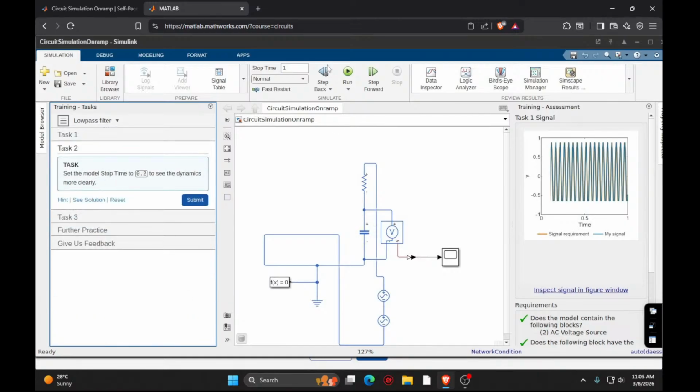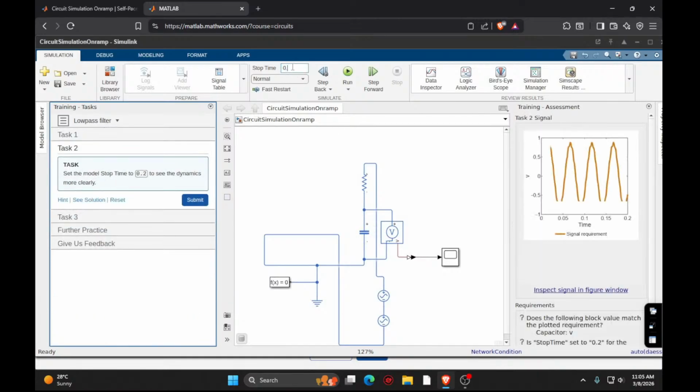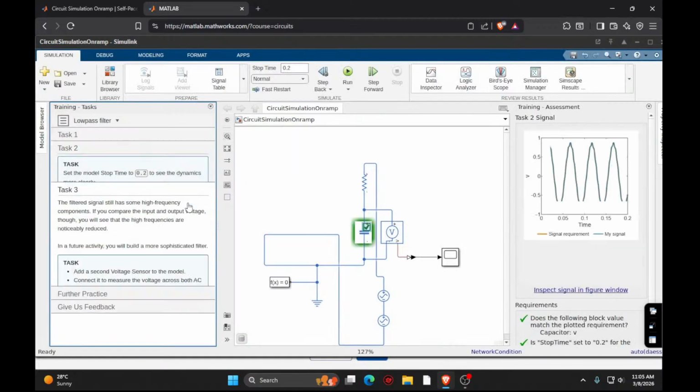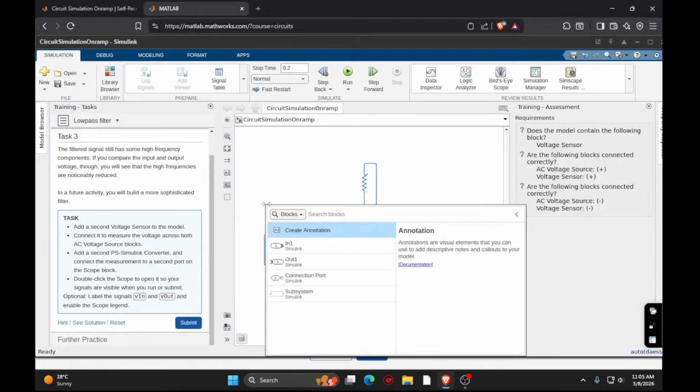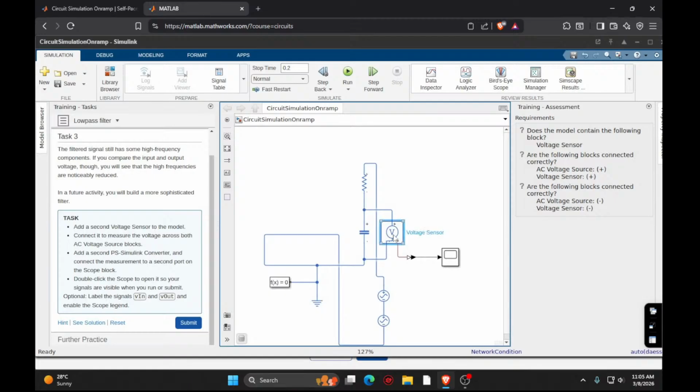Set the model's stop time to 0.2 to see the dynamics clearly. Add the second voltage sensor. We need to sense the voltage across the AC voltage source.